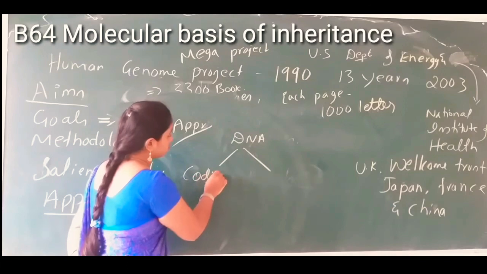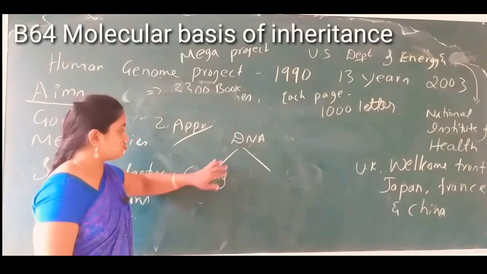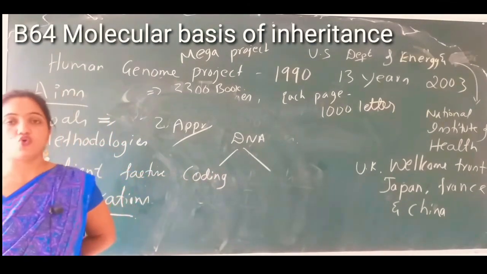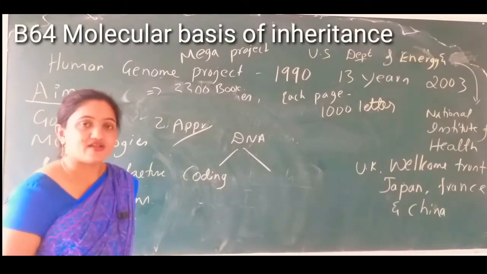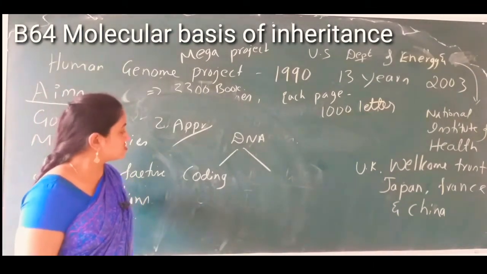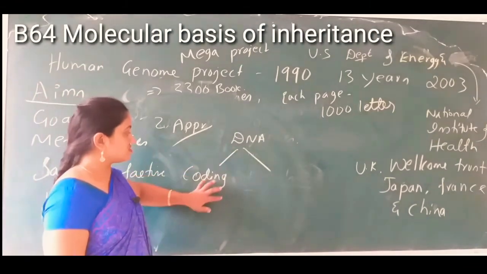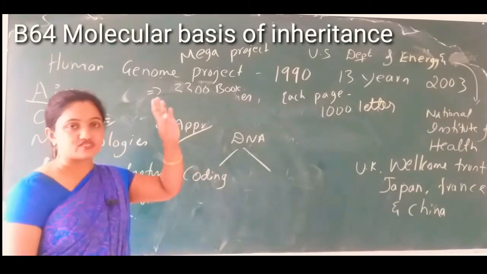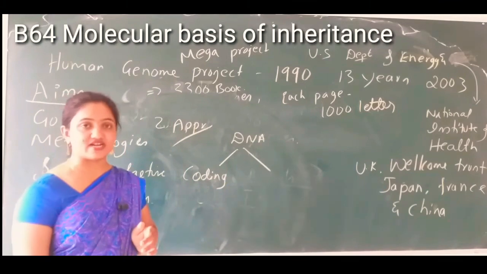One strand is going to synthesize the mRNA. The strand which is going to synthesize mRNA is considered the coding strand. One more strand is known as the non-coding strand.